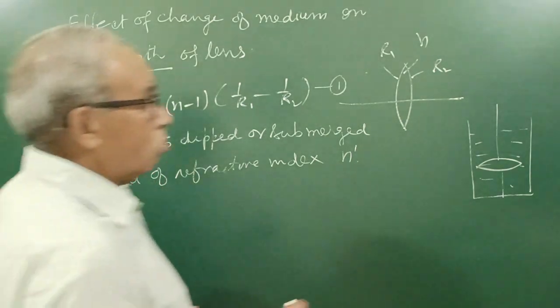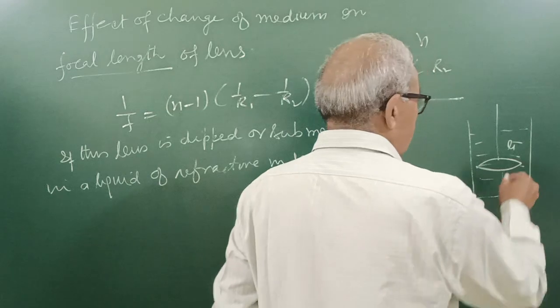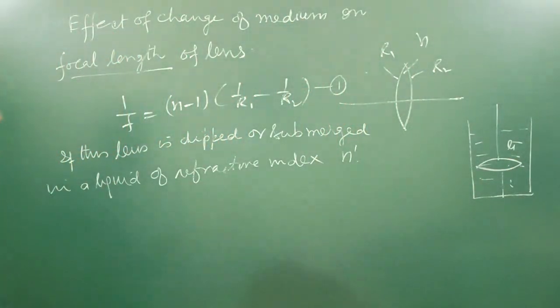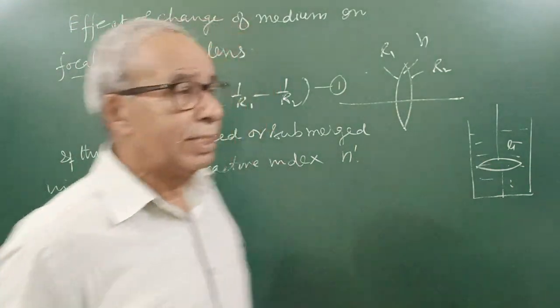Now light will be going from liquid to glass and liquid. To use the lens maker formula, we need the index of the lens with respect to liquid.